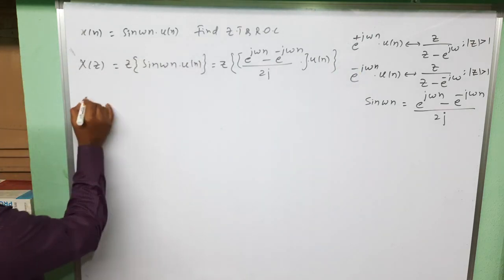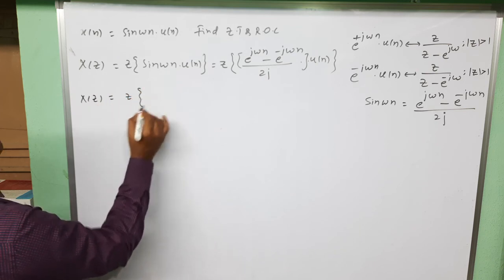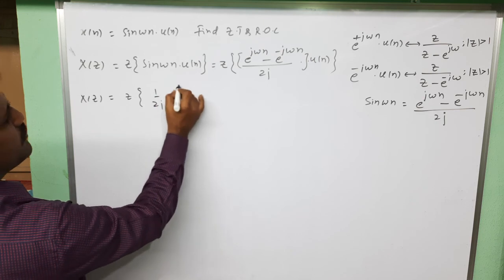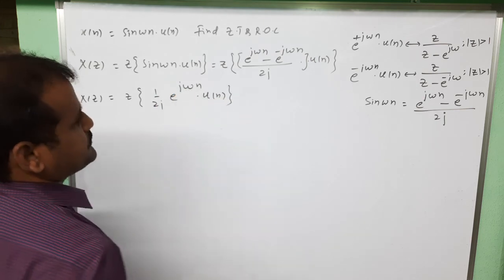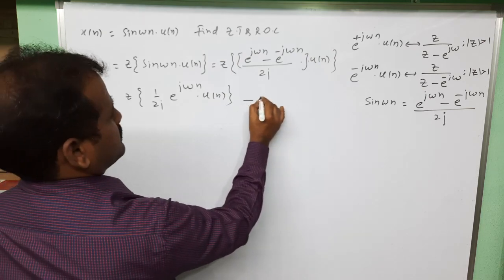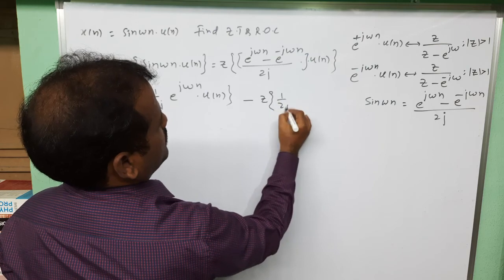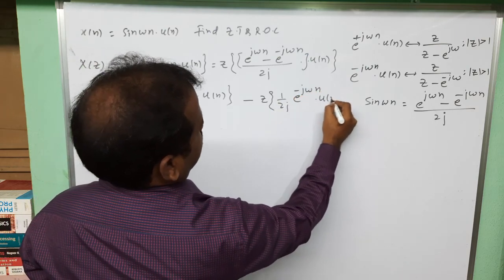Means z transform of 1 by 2j e to the power of j omega n u of n, first term, minus z transform of second term 1 by 2j e to the power of minus j omega n u of n.